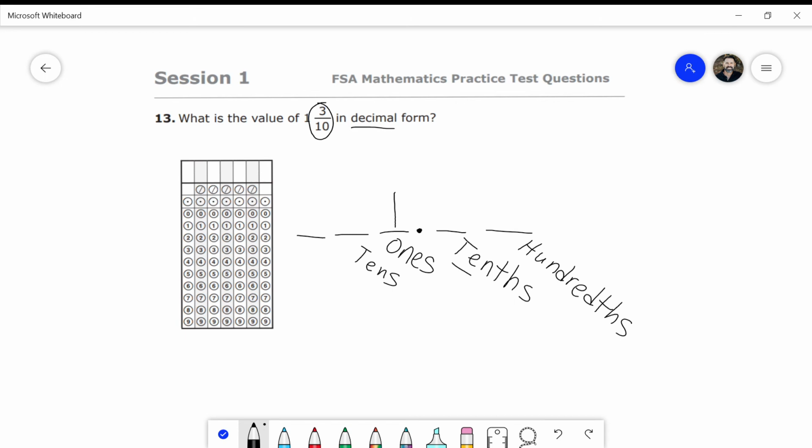Well, we can see the word tenths right here, so we want to put the 3, the numerator, in the tenths place value, and we don't need to put anything in the hundredths, or in the ones or tens place value, right?